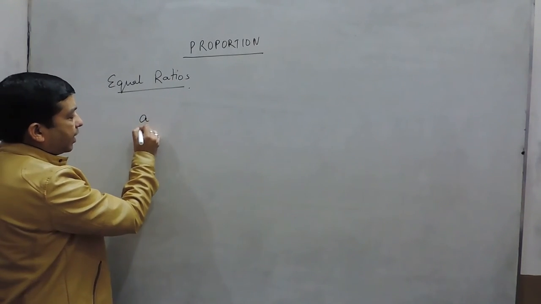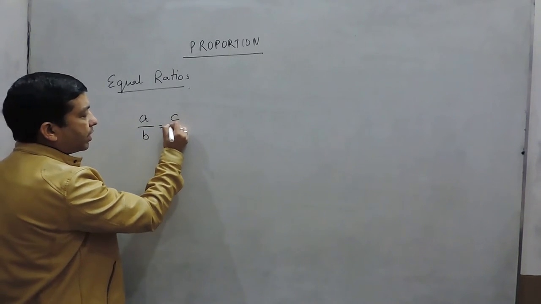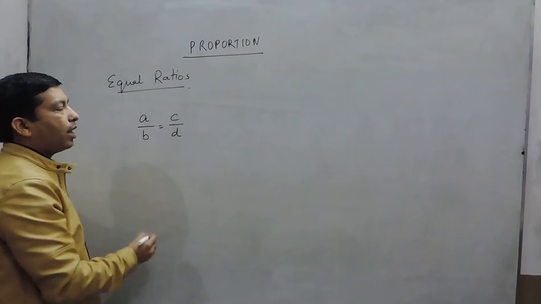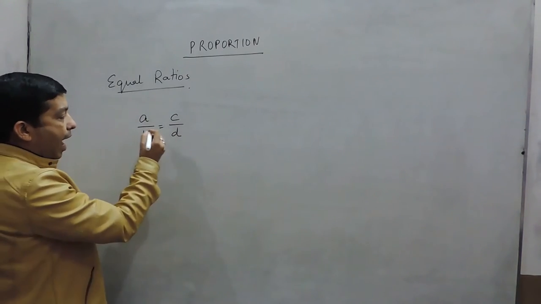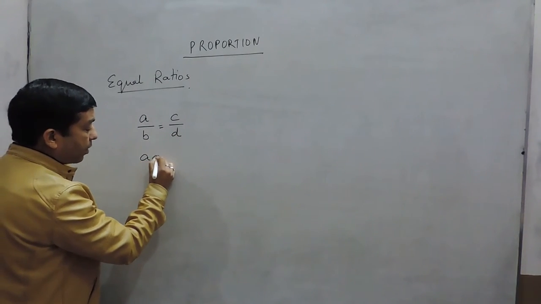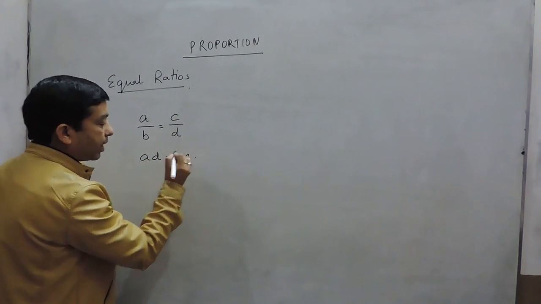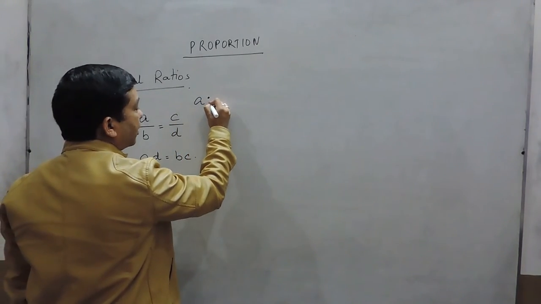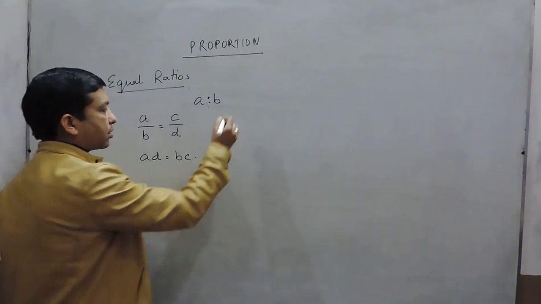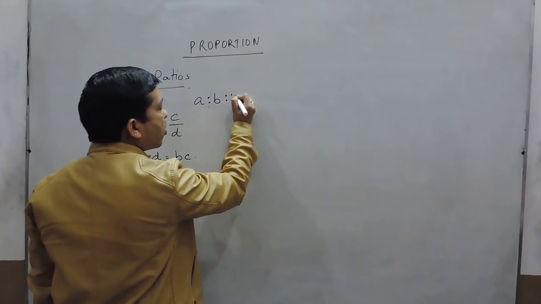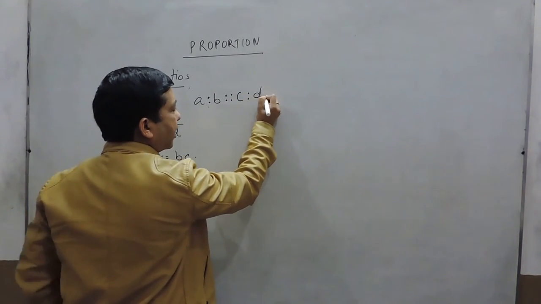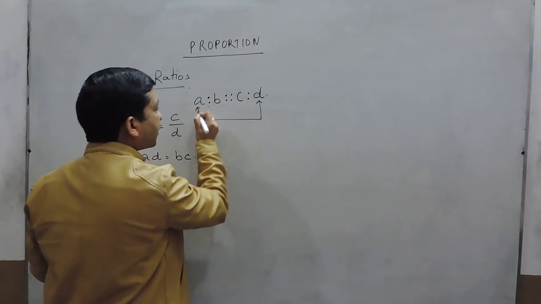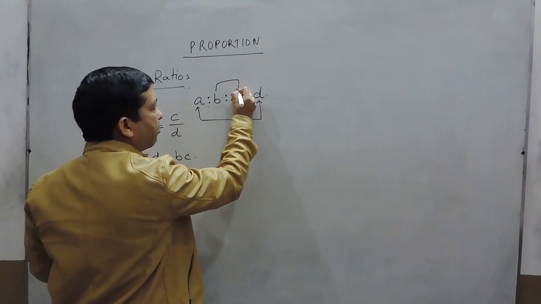I can say that if A upon B is equal to C upon D, the ratio A upon B and the ratio C upon D are equal, then this is known as proportion, and this can be written as A multiplied by D is equal to B multiplied by C. It is denoted like A, the sign of ratio is 2 dots and the sign of proportion is 4 dots, with C and the ratio of D. So we can say the product of extremes is equal to the product of middles.